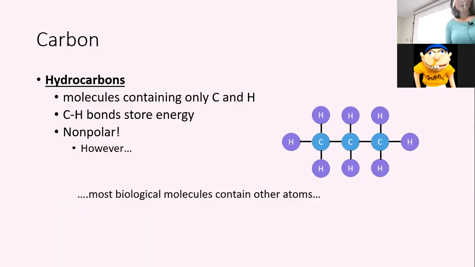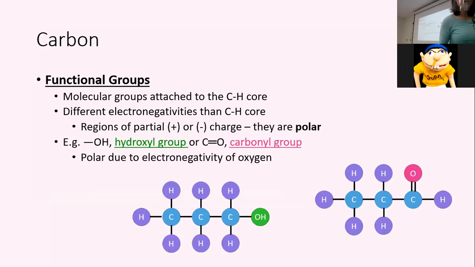All right. But most of the molecules we're going to talk about are not just hydrocarbons. They're going to be a lot of carbon and hydrogen and other stuff. So if we've got a hydrocarbon and we attach other stuff, the other stuff is called a functional group.